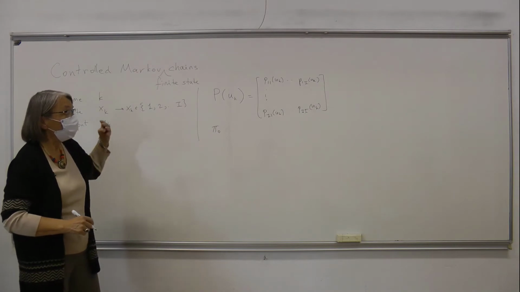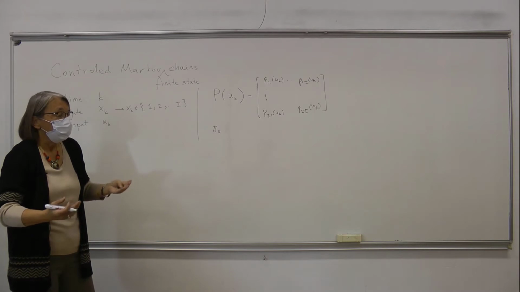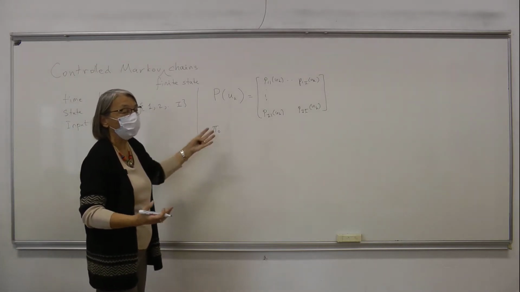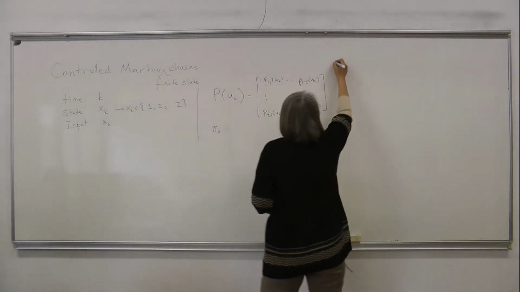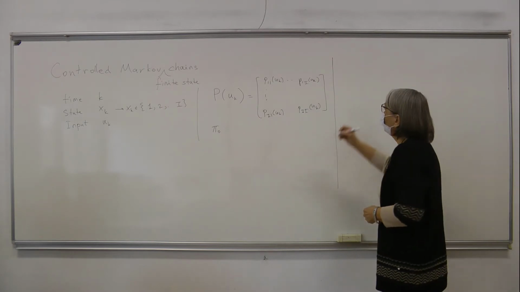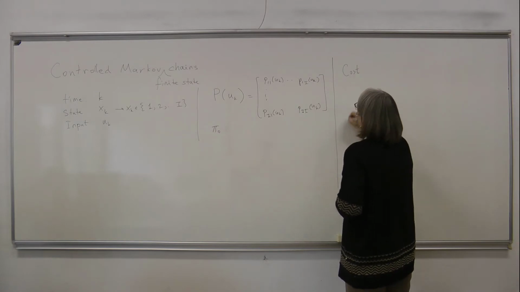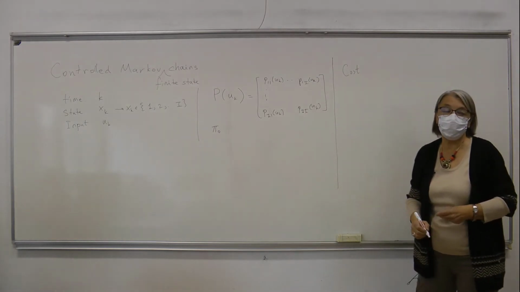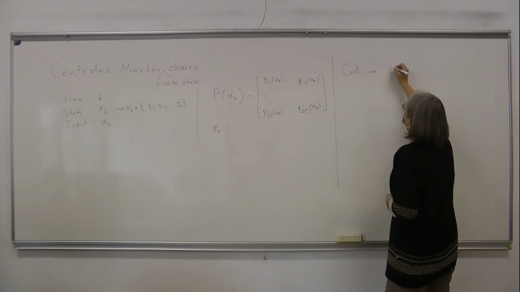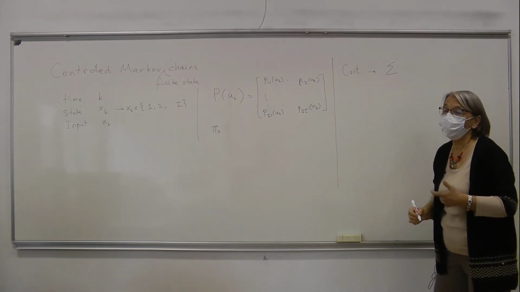Now, we said that this is a controlled Markov chain, so controlling something should have a meaning. How do we control, or what do we mean by controlling this Markov chain? To describe what we mean by control, we will define a cost, or sometimes a reward, doesn't make any difference. And the cost is defined as the summation of incremental costs.